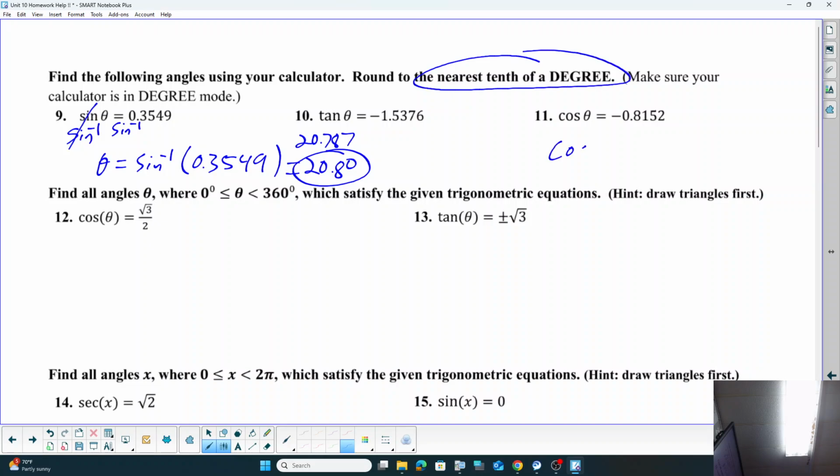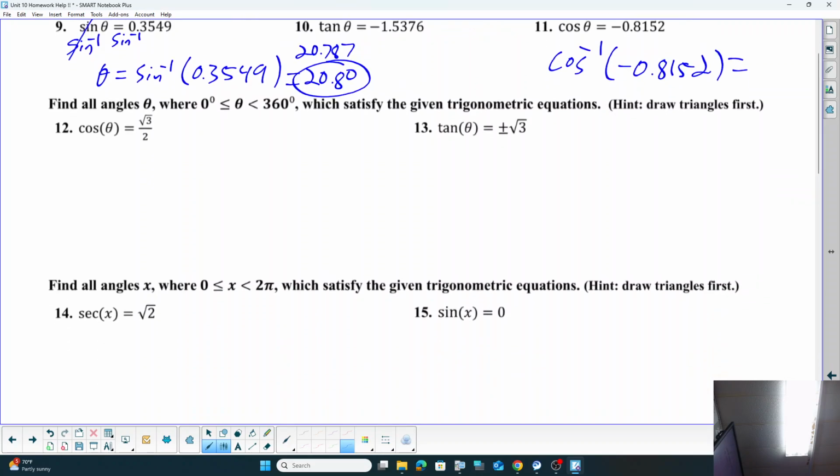So just go into inverse cosine the same way. Get your answer, plug it into the calculator.